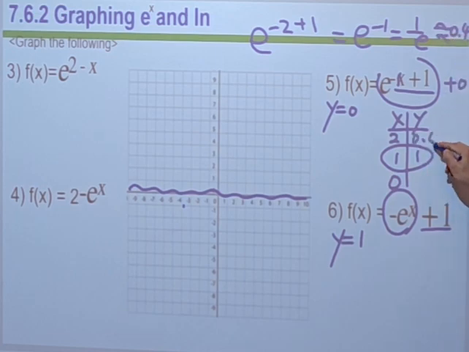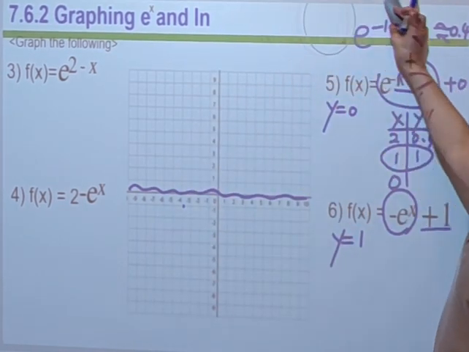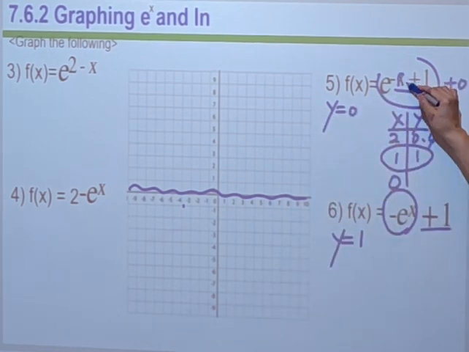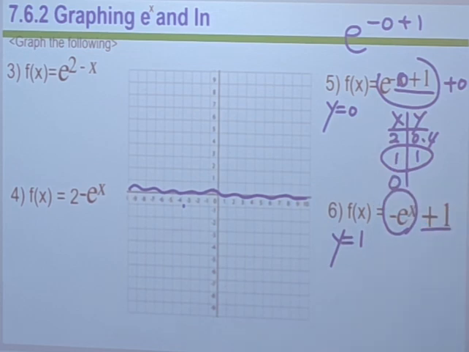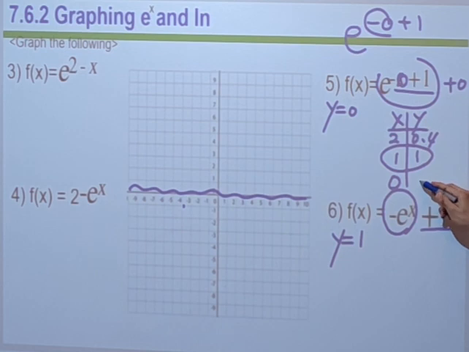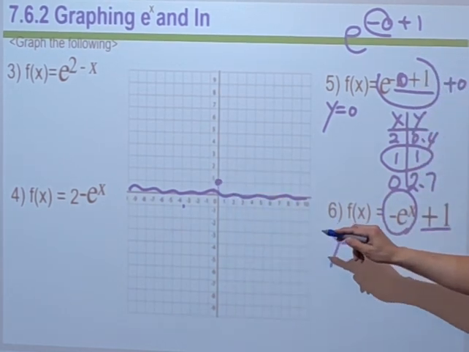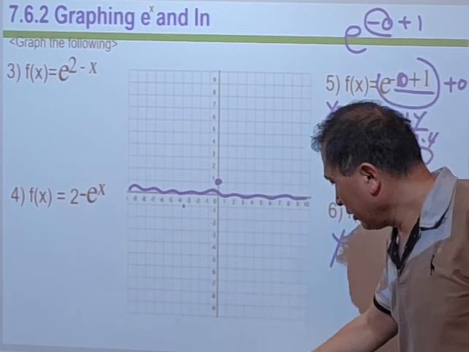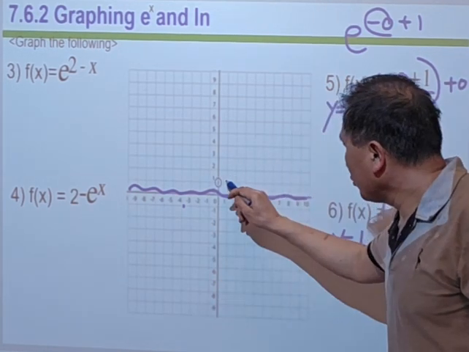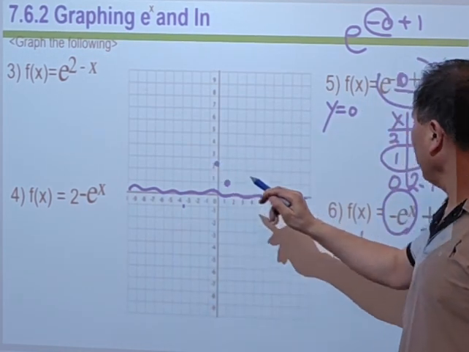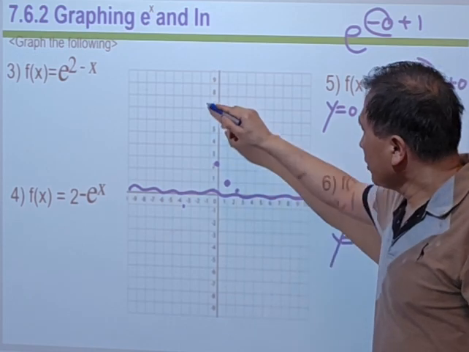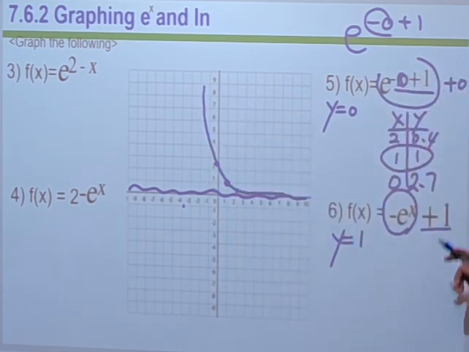And then we put 0 there, so negative 0 plus 1, that's e to the 1 power, about 2.7. So with that, 1, 1 right here, and then 0, 2.7 about here, and 2, 0.4 right there. So the graph looks something like this, right? So this is the graph.